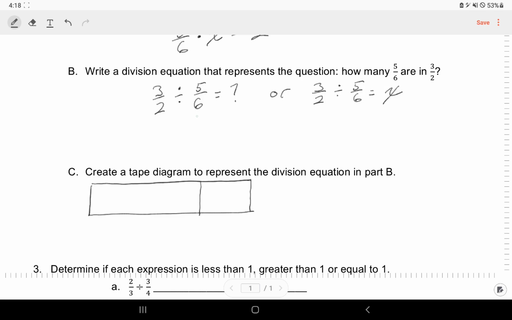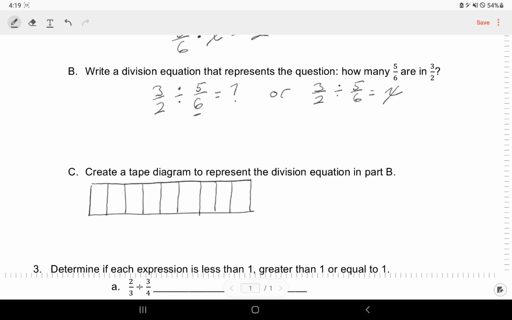Well, I need 6ths. So I break this into 6 parts: 1, 2, 3, 4, 5, 6. Well, half of 6 is 3. So 1, 2, 3.